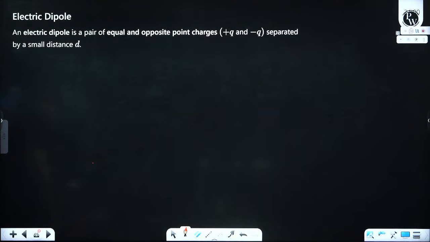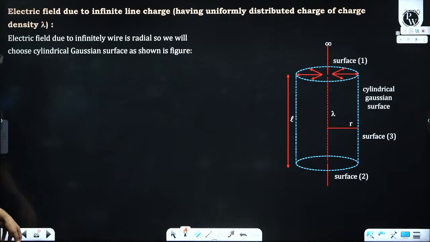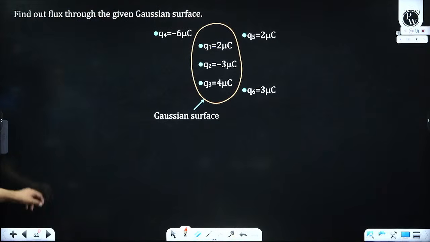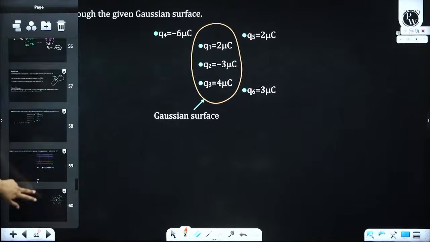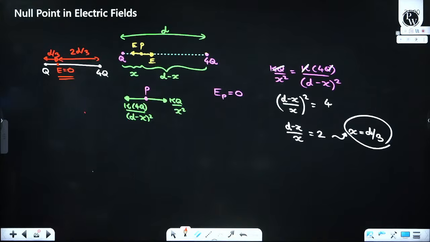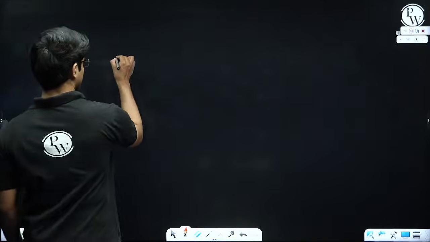Electric field is a vector itself, but we can use common sense to find the direction, right? What I mean is, in that question we had a Q charge here.